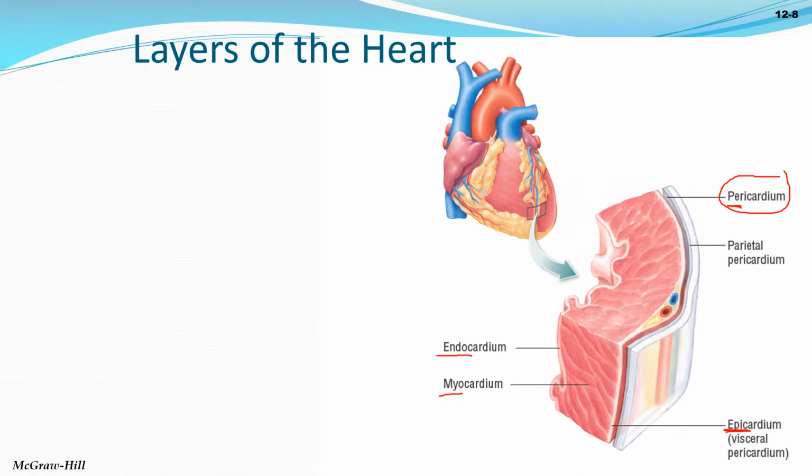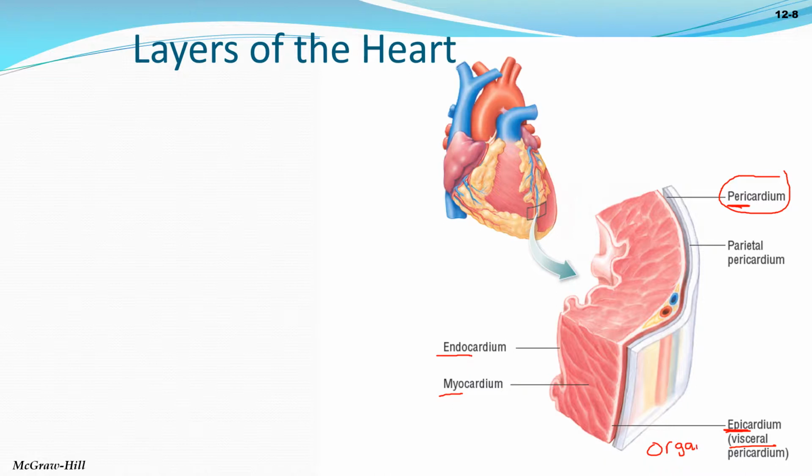Peri for around. So the confusion comes in when they add in the term visceral pericardium and parietal pericardium. And as long as you know the difference between visceral and parietal, you should be okay. So visceral is organ.